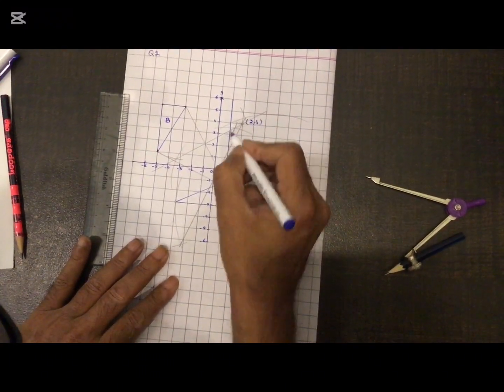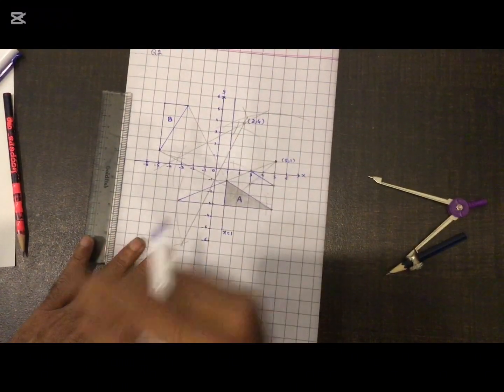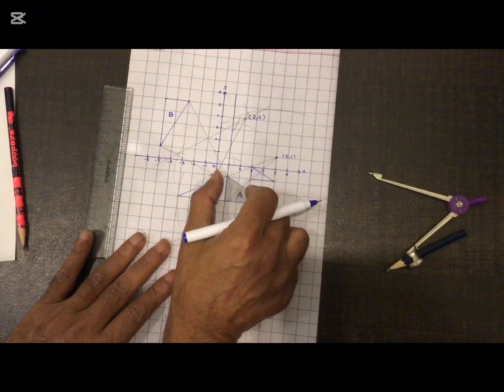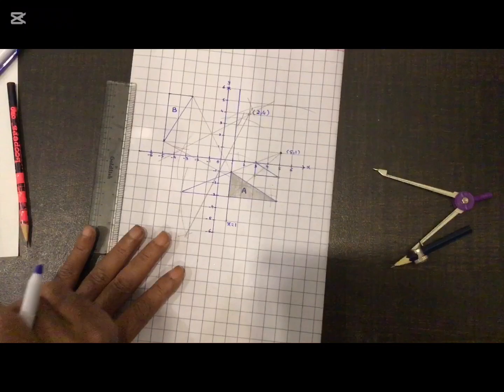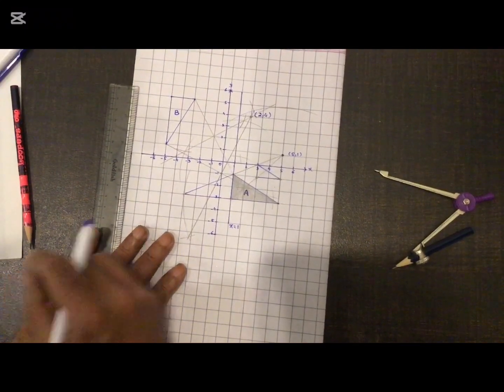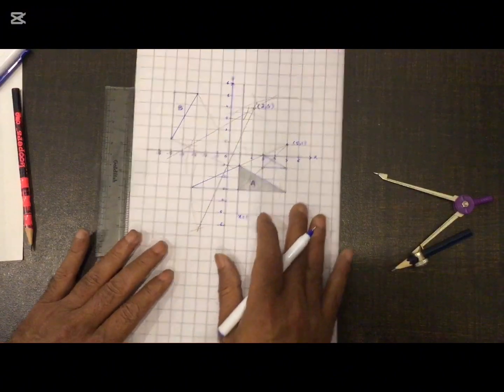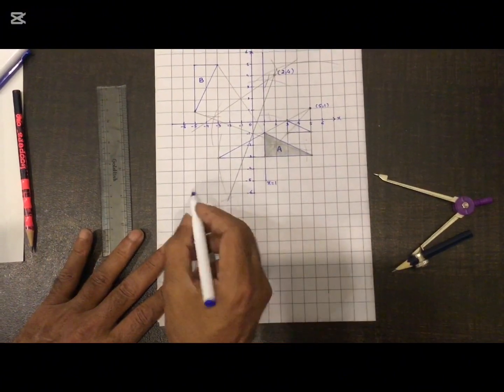And in the first attempt you already knew that it is rotating 90 degrees, because if you rotate 90 degrees, it fits on B. So how would you write it?